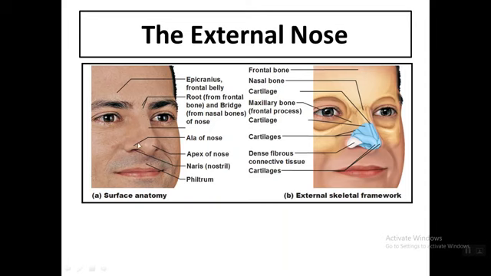And it has two elliptical openings called nostrils. These nostrils, as we said, are separated from each other by the nasal septum, and it has a lateral border that is called ala of the nose.